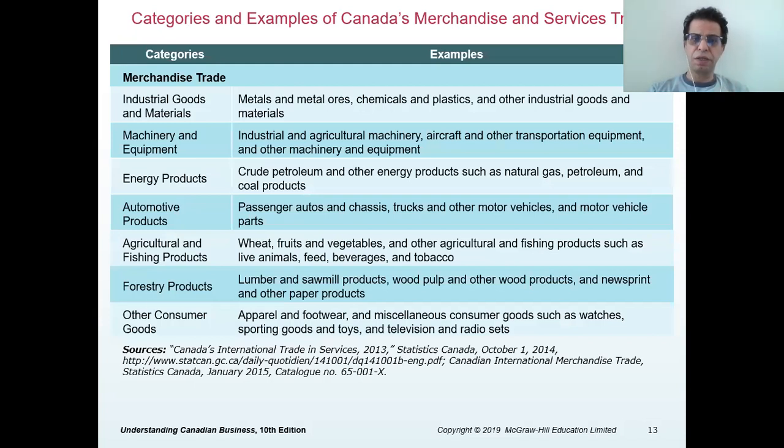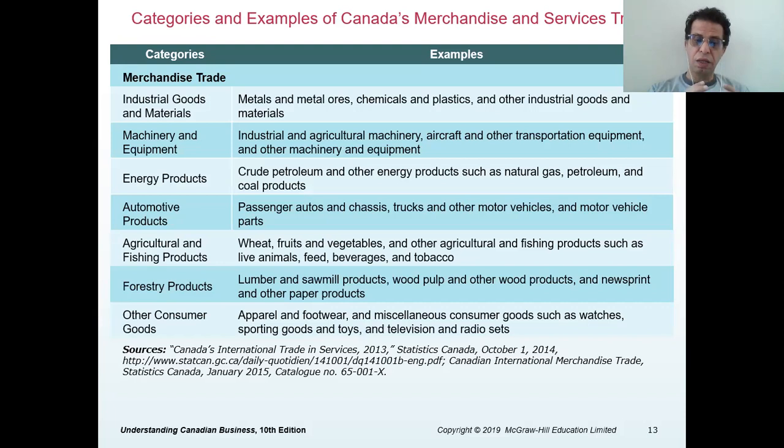Now you need to look at this one, and there are different categories of merchandise. We have industrial goods and materials like metals, metal ores, chemicals and plastics, and other industries. You can probably look at the forestry products, which are lumber and sawmill products, wood pulp, and other products and newsprint.